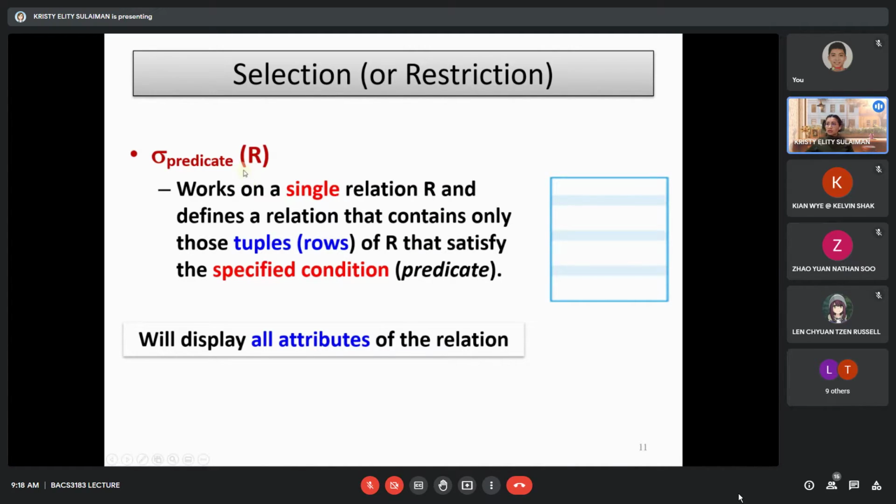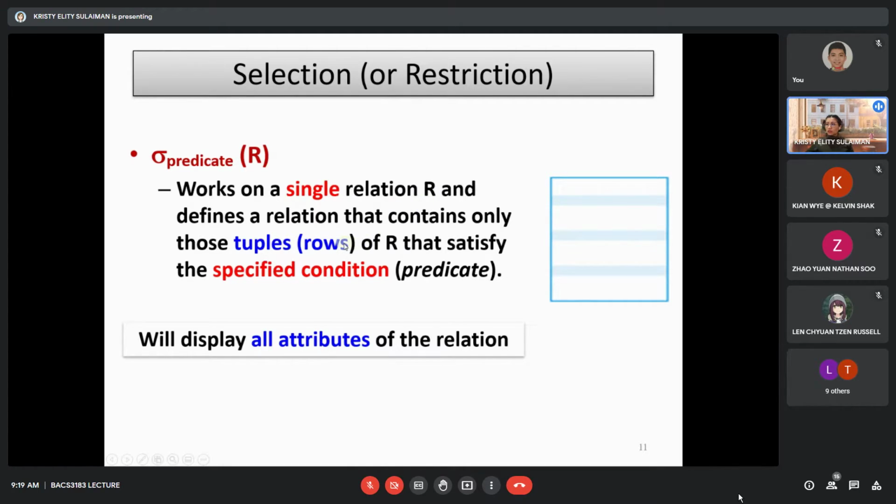This selection operation works on a single relation R, and it defines a relation that contains only those rows, also known as tuples, of R. R here refers to the table.